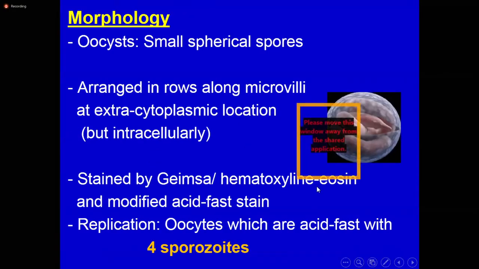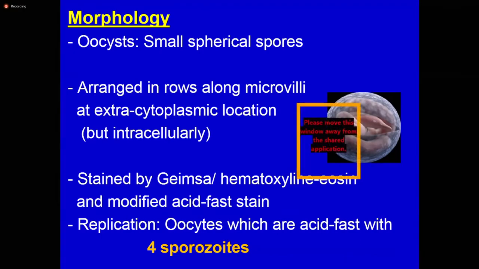Morphology. We get oocyst, small spherical spores arranged in rows in a clinical specimen, يعني من during pathology, arranged in rows along the microvilli at extracytoplasm, intracellularly.